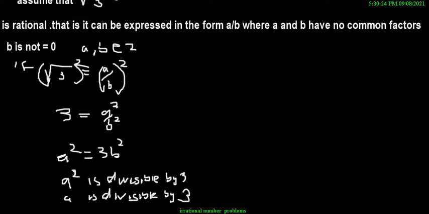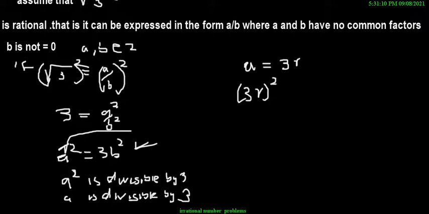Now from here we say, okay, a is equal to 3r. So we can substitute into this equation right here, and say 3r squared is equal to 3b squared.